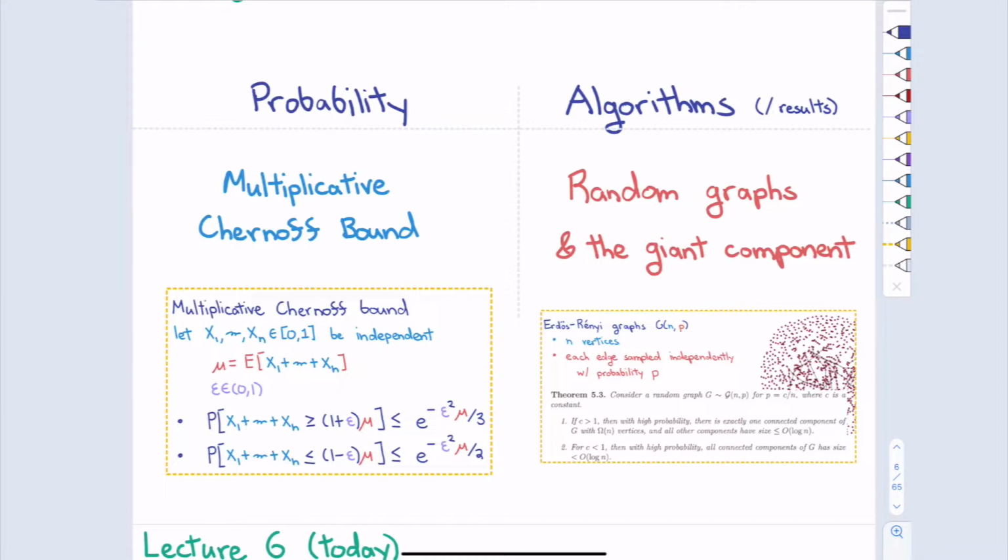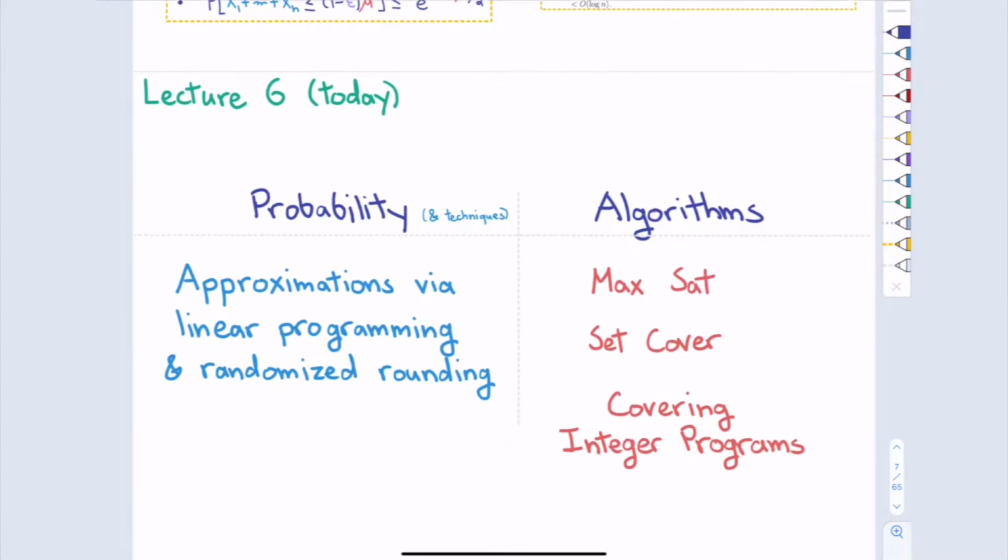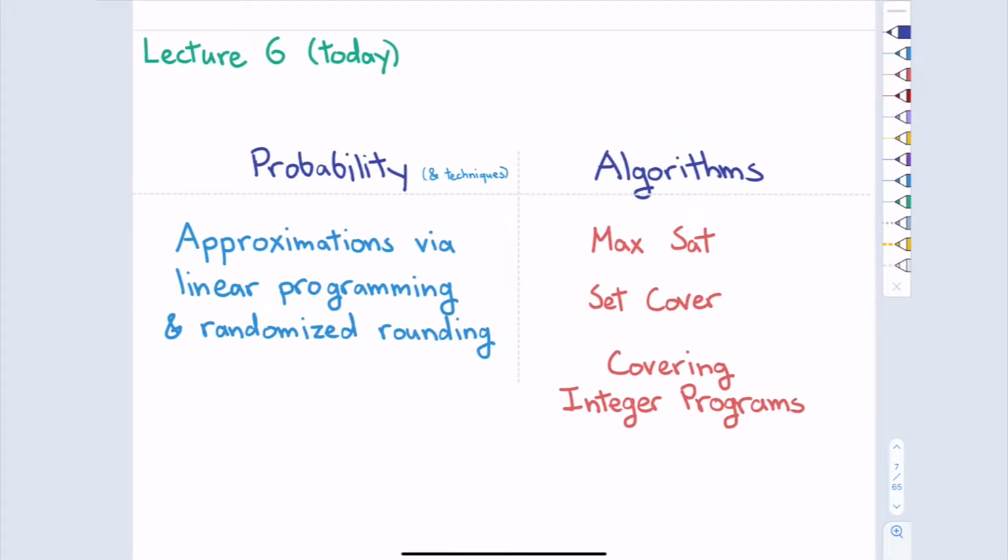But it introduced, and maybe offers some perspective on, the Chernoff bound, which, time permitting, will be relevant today as well. It'll be relevant every class. So today, it's not clear that I'm going to introduce any new particularly probabilistic thing.